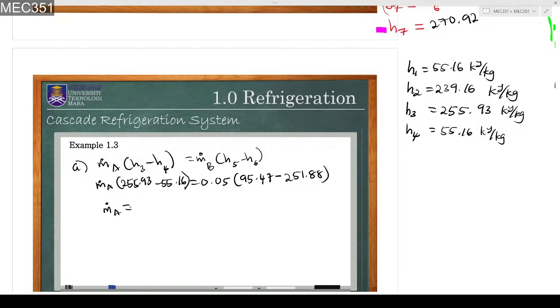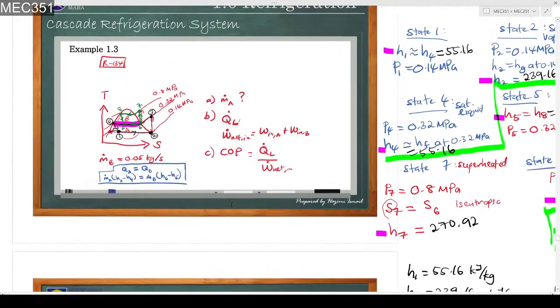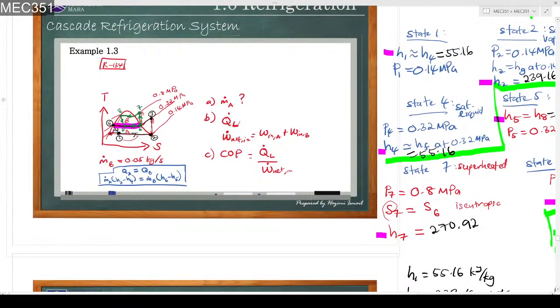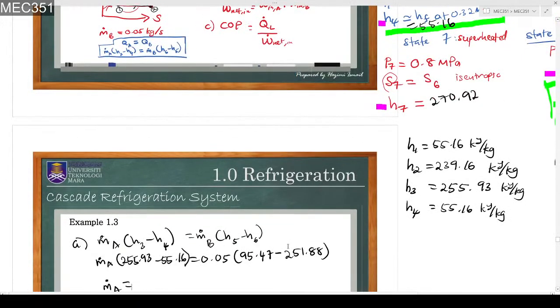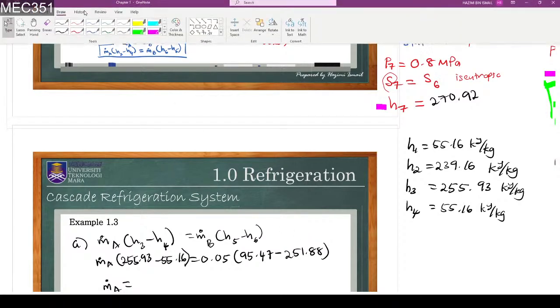Okay, 0.05 times 95.47 minus 251.88 divide by, oh, sorry. This is not H5 minus H6, it is H6 minus H5. Sorry, I made a mistake here.